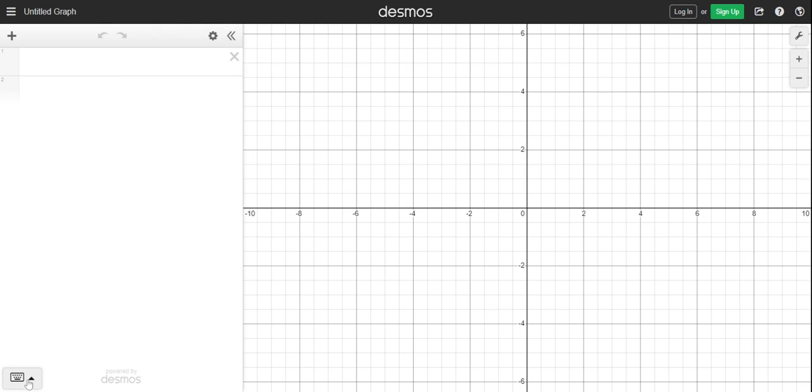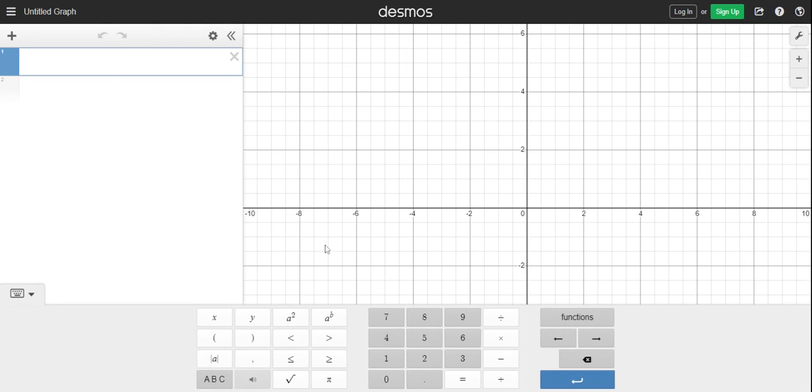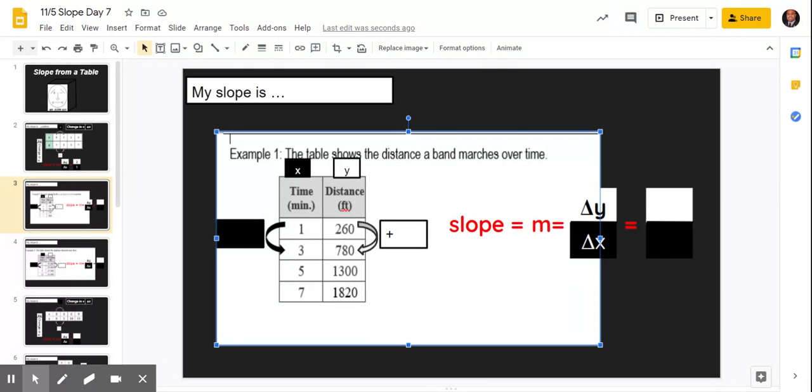At the bottom you're going to click keypad, and now I can type in the difference between my problems, or whatever it is that I need to find. In this case, I needed to find the difference between 780 and 260, which is 520. So now I'm going to go back over to our main assignment and use that information accordingly.